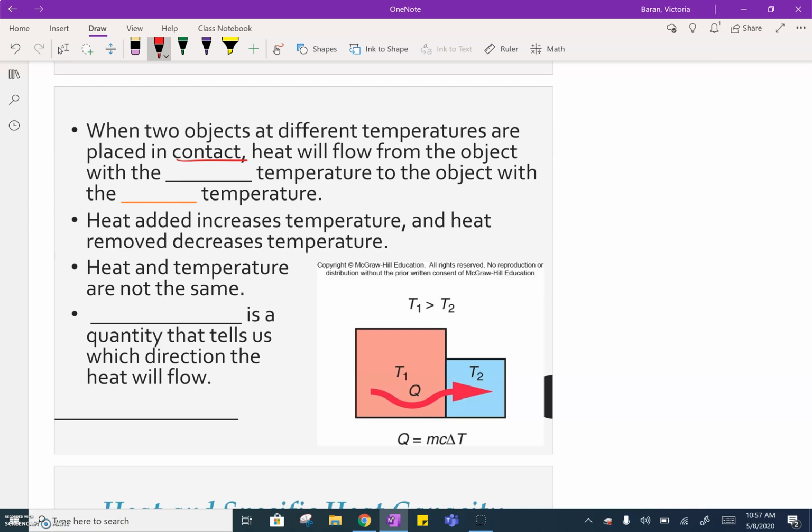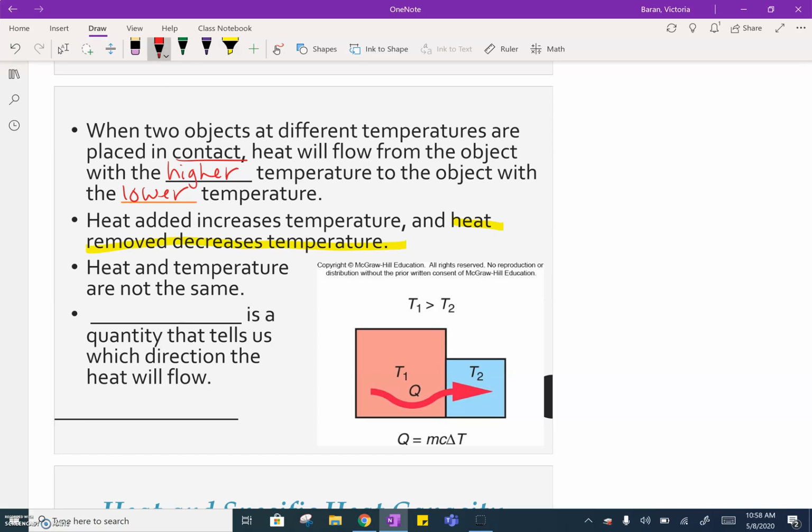Heat is going to flow from the object with the higher temperature, and therefore the one that has more heat or thermal energy, to the object with the lower temperature or thermal energy. So heat added increases temperature. We know that, and heat removed, I'm going to highlight this, decreases temperature.